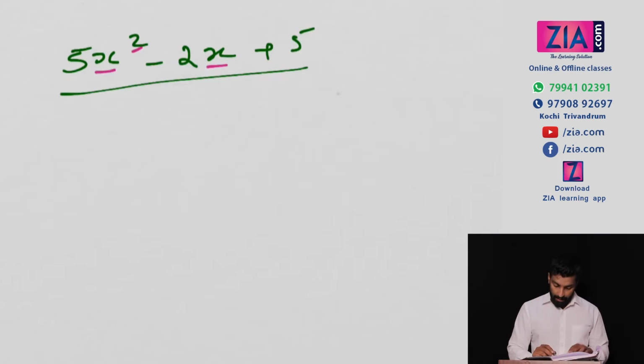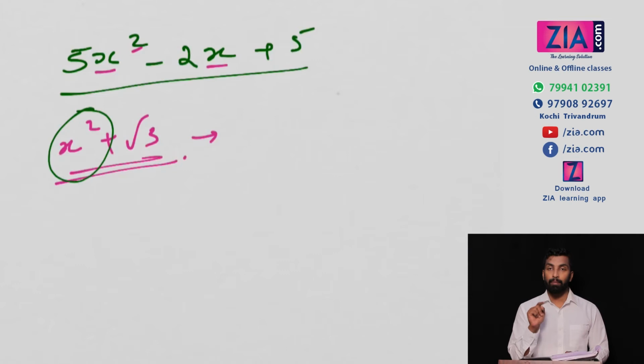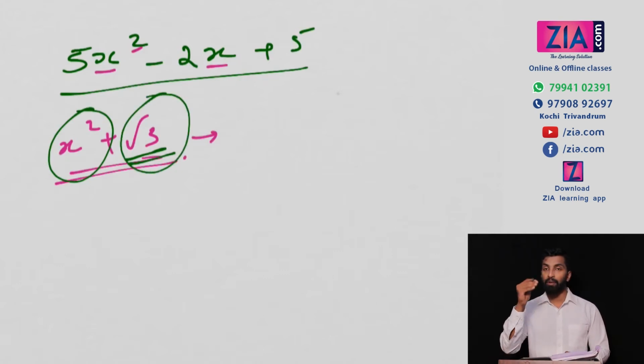Now let's take one more example. x square plus root 3. Is it a polynomial in one variable? Yes, it is a polynomial in one variable because there is only one variable, that is x. Now what about this root 3? Root 3 is a constant. For a constant I am not bothered about whether the power is a whole number or rational number or anything else, right? Root 3 is nothing but 3 raised to 1 by 2.